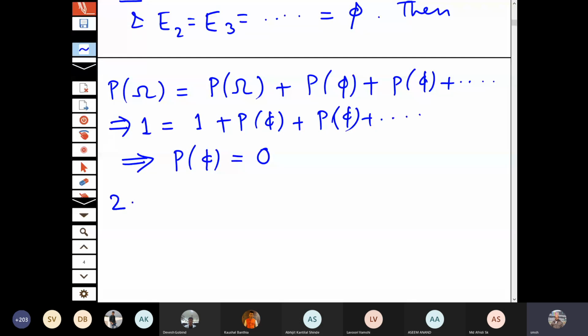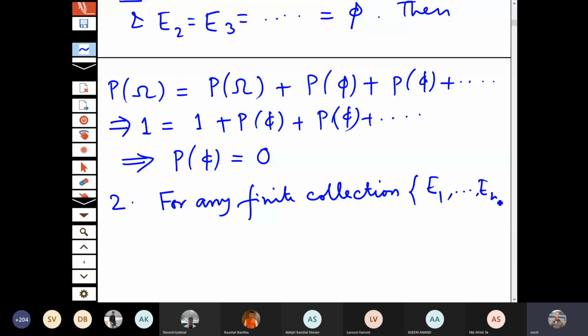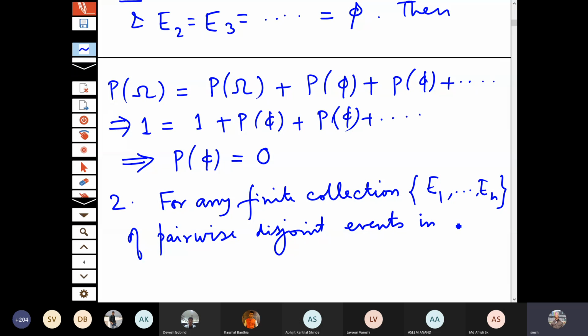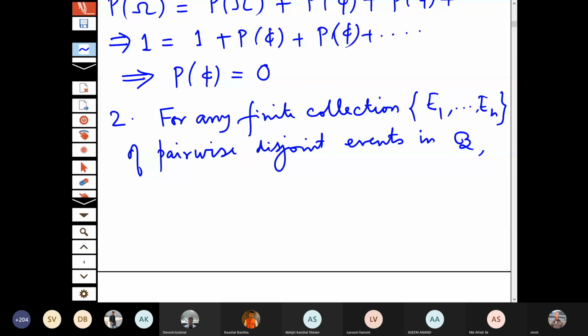Let us look at the second consequence. For any finite collection E1, E2, En of pairwise disjoint events in B, probability of union EI equals the sum of probabilities of EI.